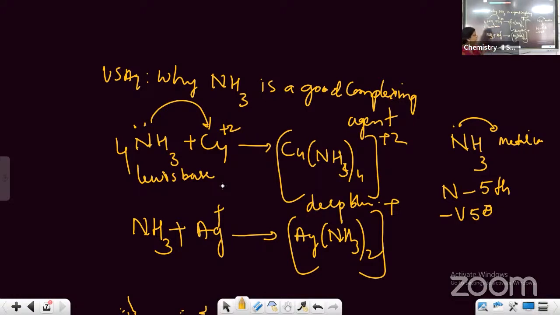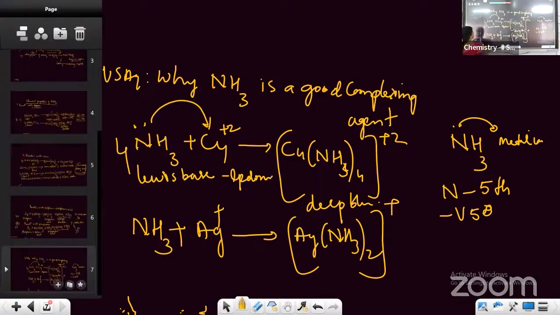According to Lewis theory, an acid is an electron pair acceptor, whereas a base is an electron pair donor. Since ammonia has this lone pair of electrons, it is able to donate it. That is the reason it acts as a good complexing agent.